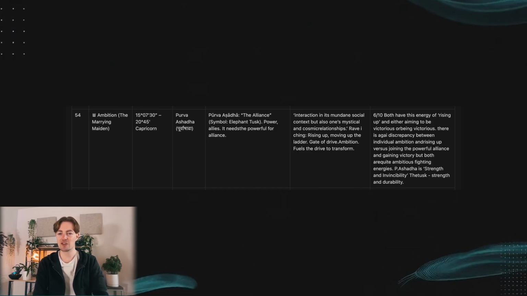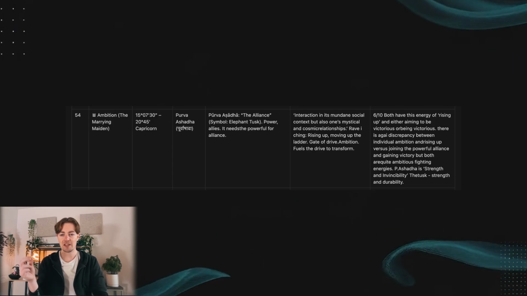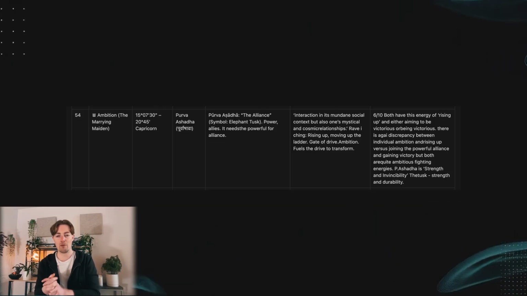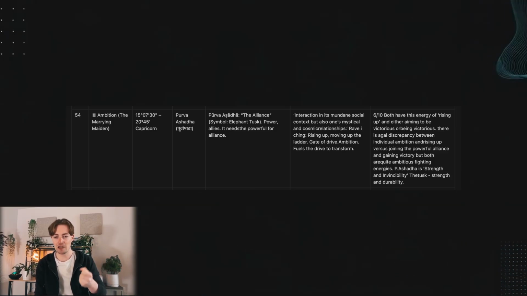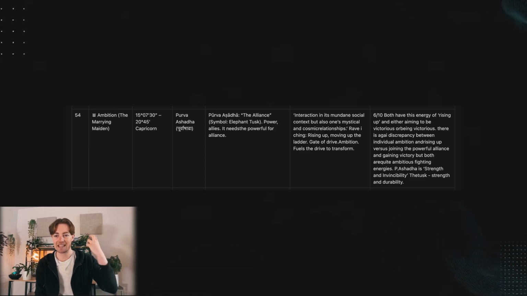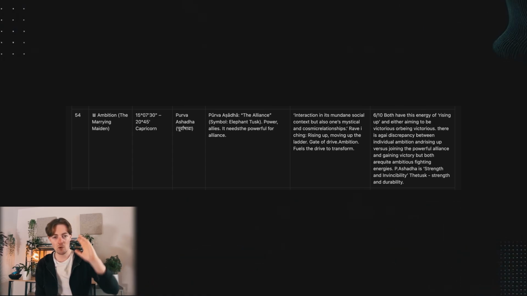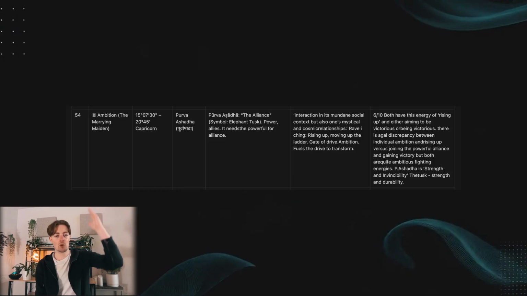Both have this energy of rising up, either aiming to be victorious or actually just being victorious. There is a bit of a discrepancy between the individual ambition and the rising up versus joining the powerful alliance, but both are quite ambitious, have fighting energy, and gain victory. Purva Ashada is strength and invincibility. It's about that elephant tusk, the strength and the durability, the ambition to win your fights, to join powerful alliances, to make your way up the ladder.